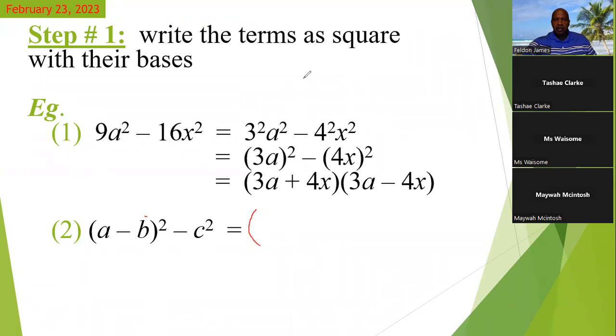So first, we are going to put down the base, being the bracketed expression. We put down a minus b. Remember, the bracket is a minus b all squared, and the base would be just what? A minus b. And so we're going to put the base, then the base of c in one bracket.